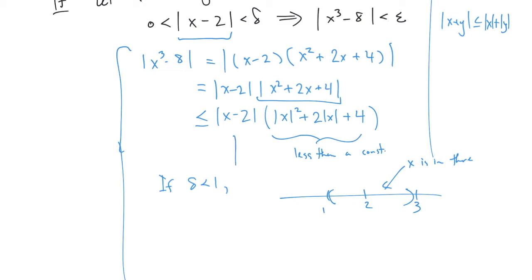So I'm going to continue this thing. I leave x minus 2 like it is because I like the way that is. But what can you do with absolute value x? I want to say that's less than or equal to some specific number. What do you say? I'm going to replace these absolute value x's with specific numbers. What do you think?